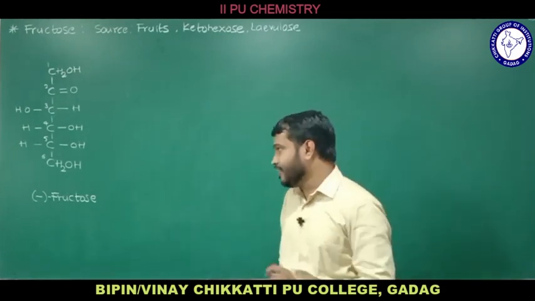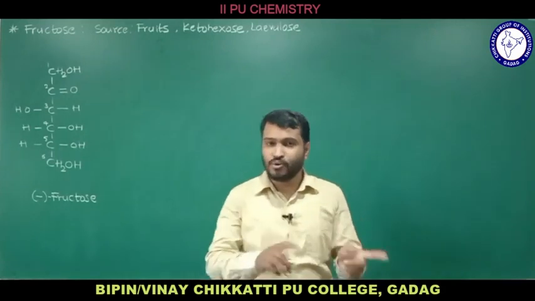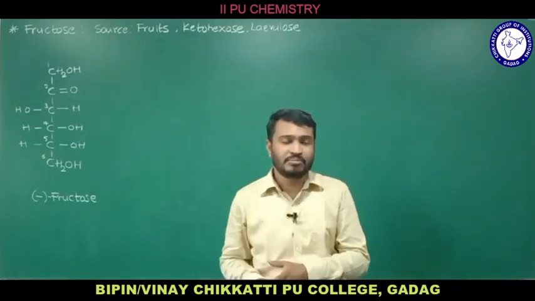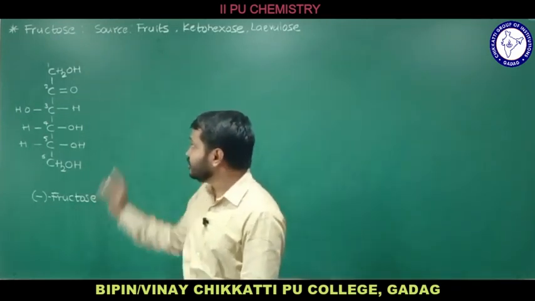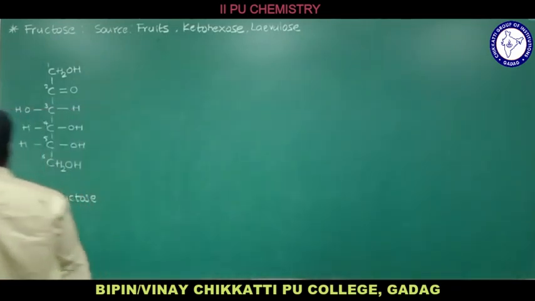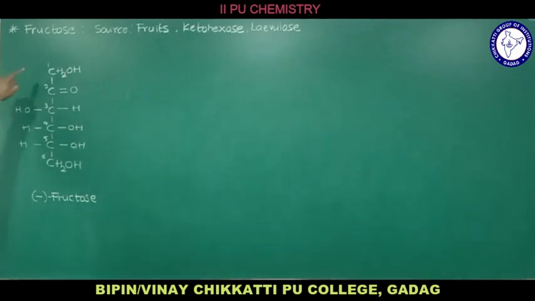DL, capital D, capital L. On the asymmetric carbon, OH on the right side is D. On the asymmetric carbon, OH on the left side is L. And if you consider how many asymmetric carbons are there in fructose, carbon number 1 and 2 are not asymmetric carbons, we know.